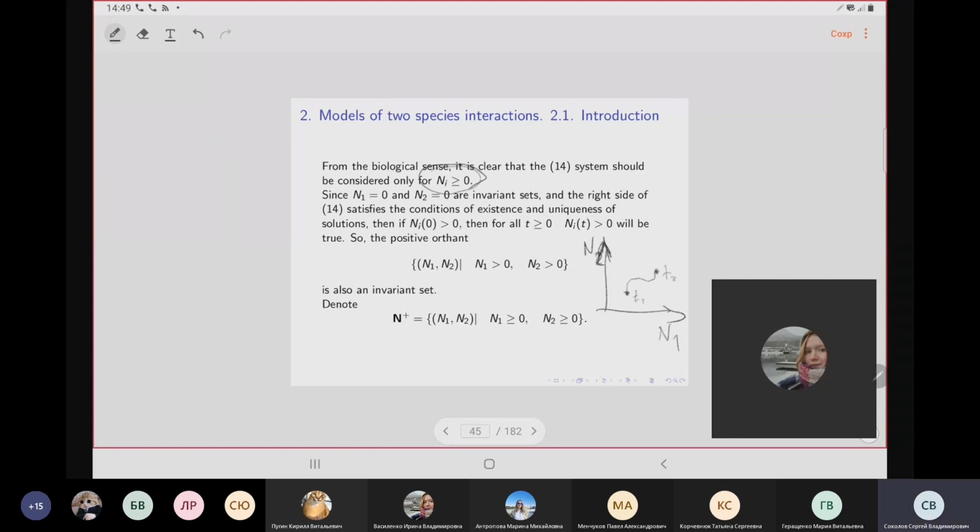So when the time changes, the curve goes along some trajectory. Our solution goes along this curve, and all the phase plane is covered by these trajectories.